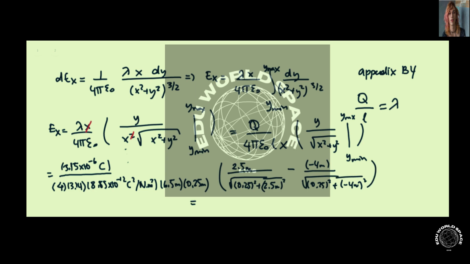From here, we're going to find Ex to be 3.47 times 10 to the power of 4 newtons per coulomb. All right.